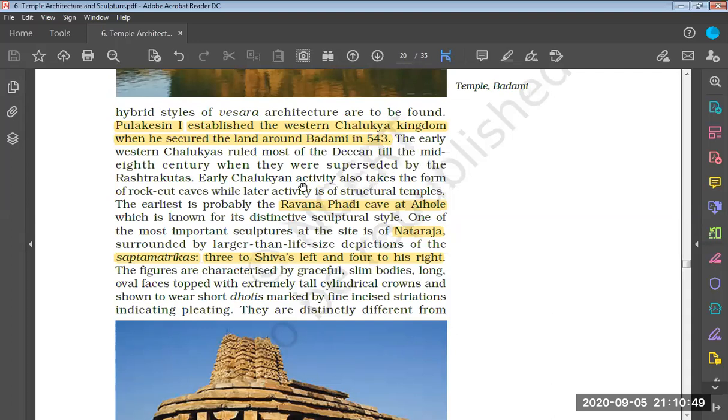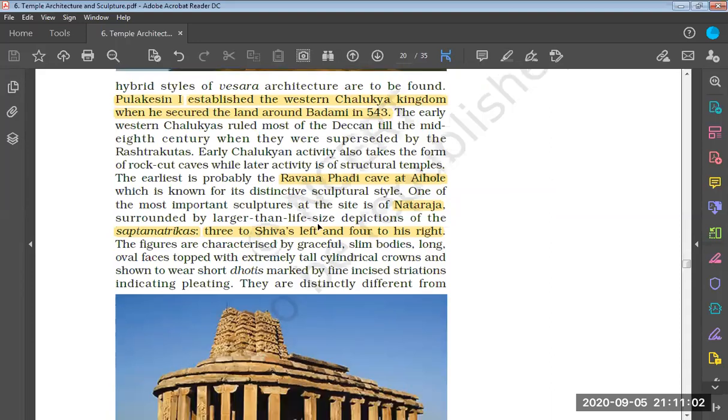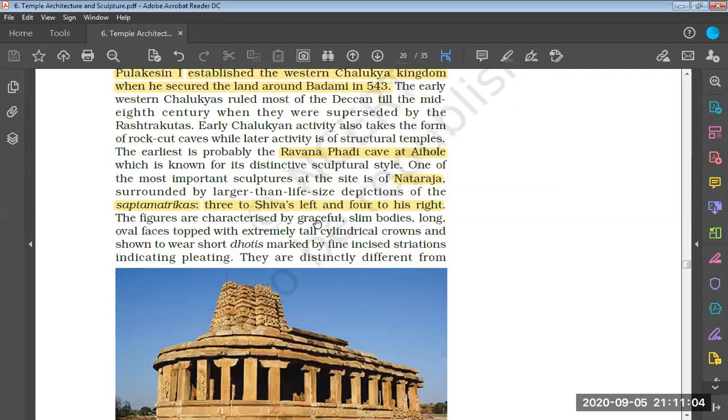Early Chalukyan activity takes the form of rock-cut caves, while later activity is of structural temples. So the early Chalukyas made their rock-cut caves, and later on they developed proper structural temples.